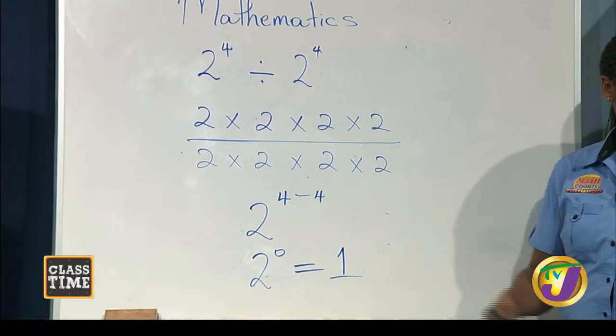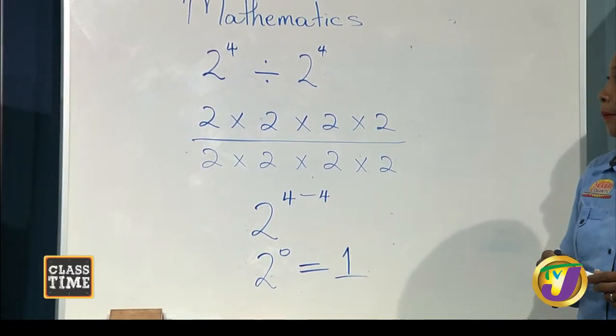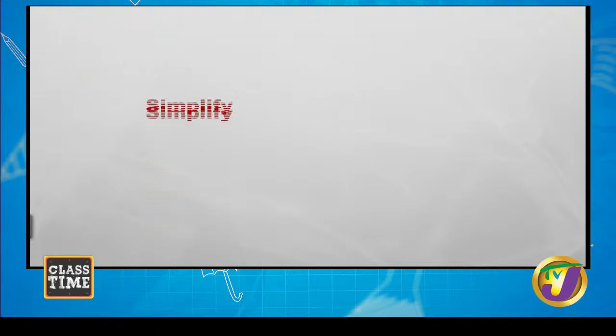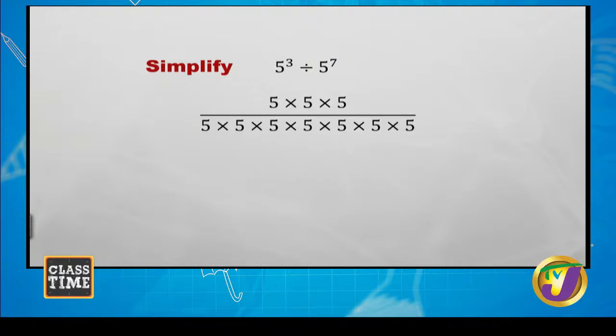Okay. Let's take a look at this one now. 5 cubed divided by 5 raised to the 7th power. Here we can subtract, so we would have 5 raised to the negative 4th power. If we want to do it the long way, we could expand and factorize, and we'd see that it works out to be the same.